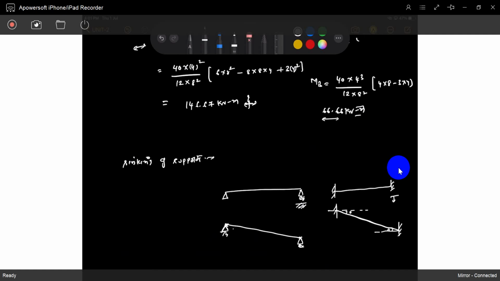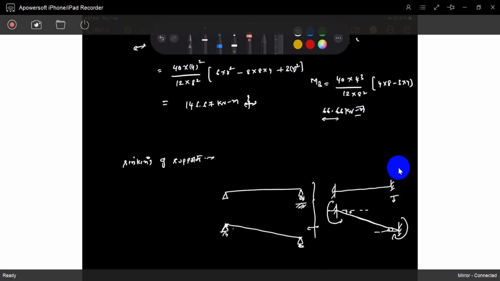Based on the slope generated due to sinking of supports, fixed end moments are automatically generated. In which direction? Just observe, to nullify the slope, the moment is generated in this direction. Understood? The moment is generated to nullify the slope. But if it is a simply supported end, there is no moment generated, because those are hinge joints.